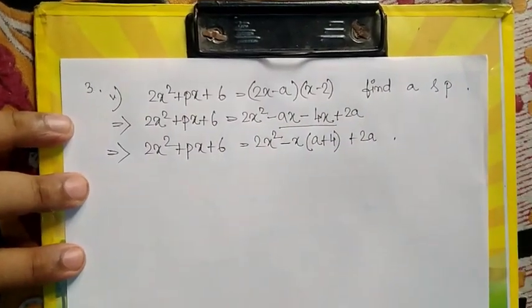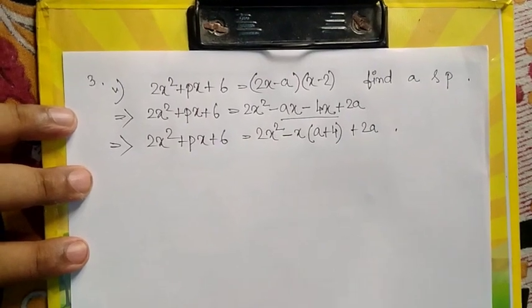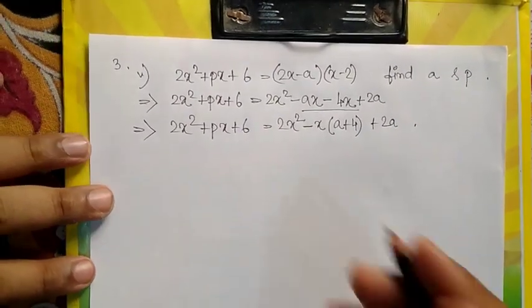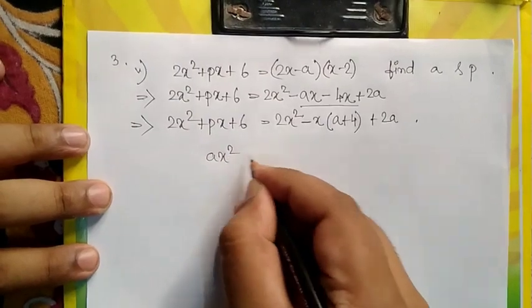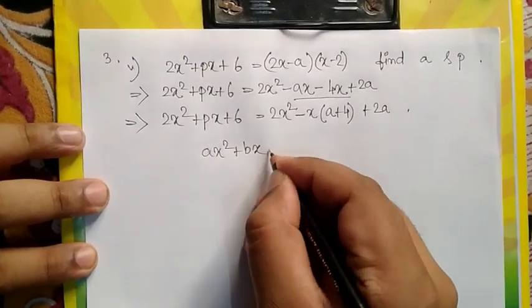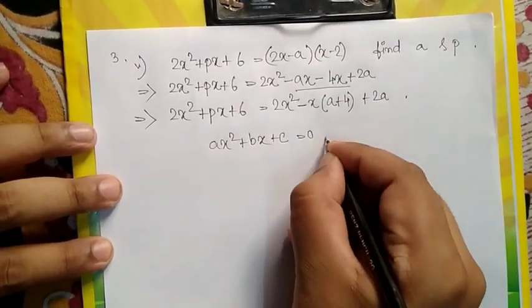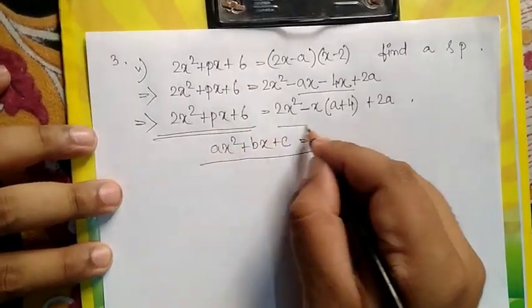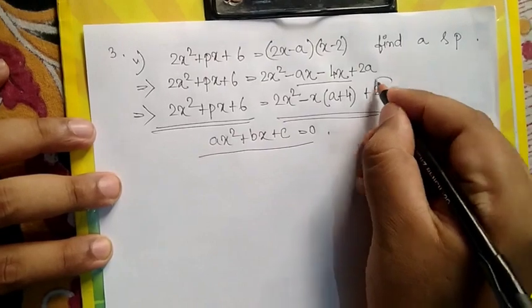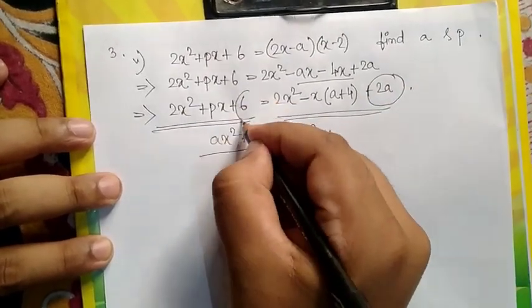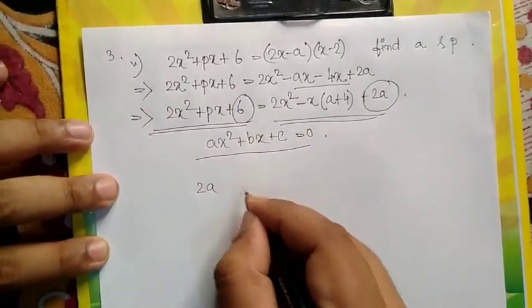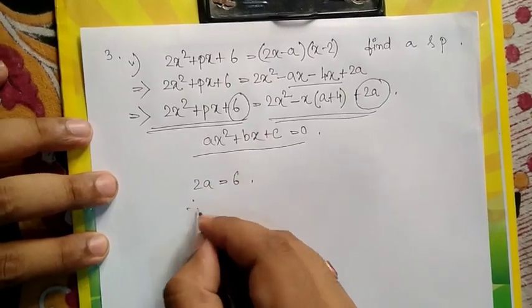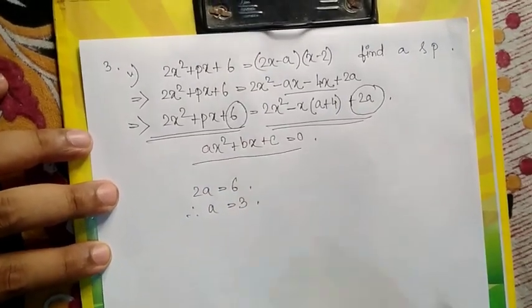Now all this equation we can write as ax square plus bx plus c equal to 0. So therefore this is left hand side and this is right hand side. So therefore this value is equal to this one. So therefore 2a equal to 6, a equal to 3.